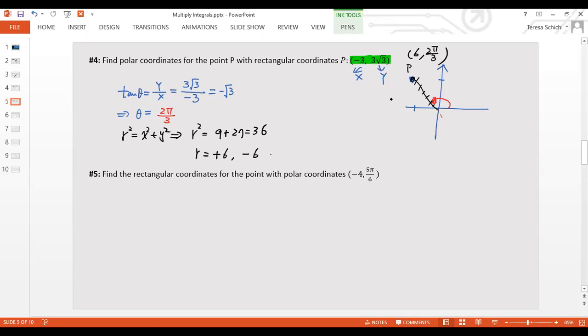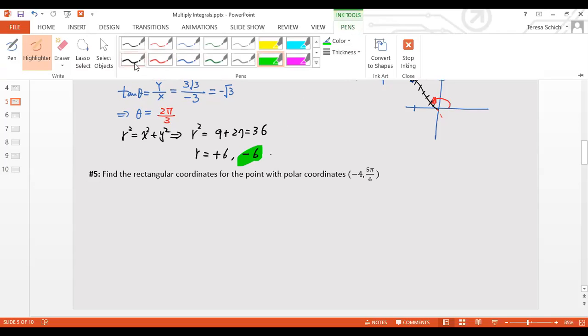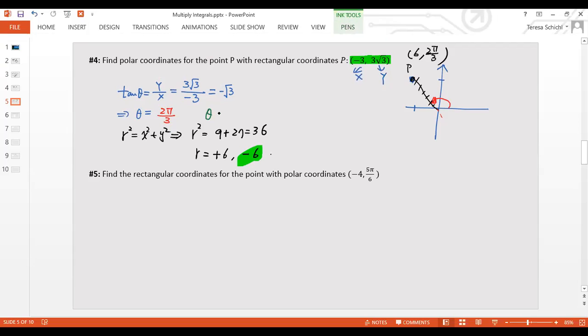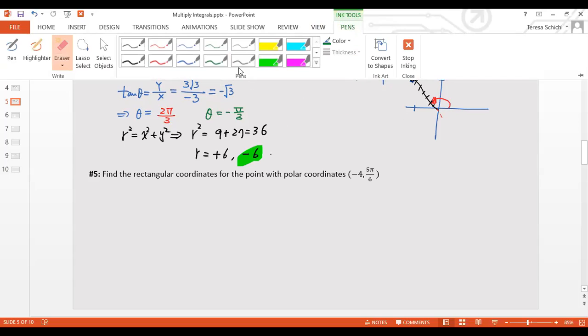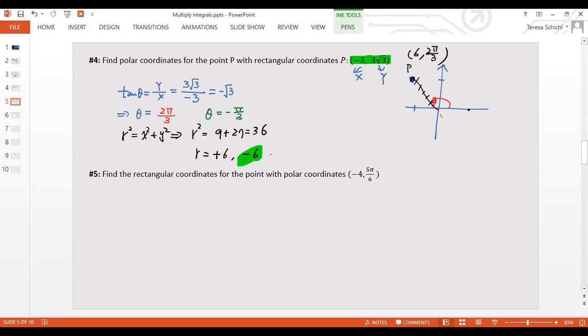But we also can do this. I have another value here, negative 6. Remember we said theta, if you put it into your calculator, it will give you theta equal to negative pi over 3. If it's negative pi over 3, that means your angle swings from the polar axis, so this is the polar axis.